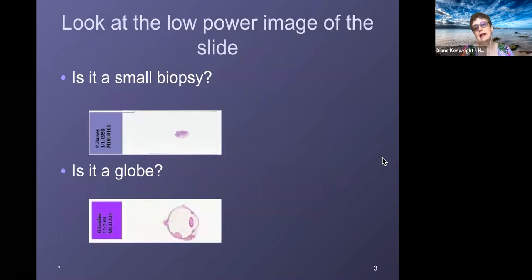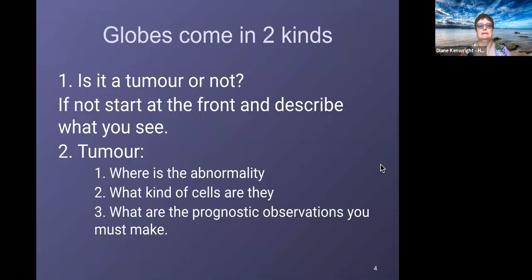So the first thing that we decide when we're looking at a slide is, is it a small biopsy or is it a globe? Because there are slightly different approaches to both of these. And when we're looking at a globe, we decide, is it a tumor or not a tumor?